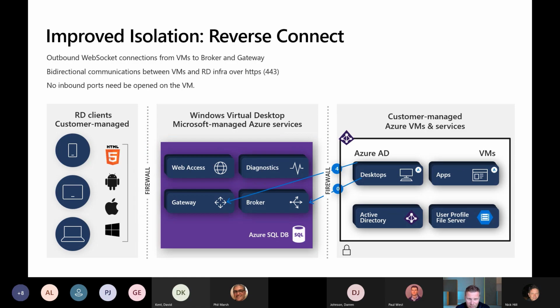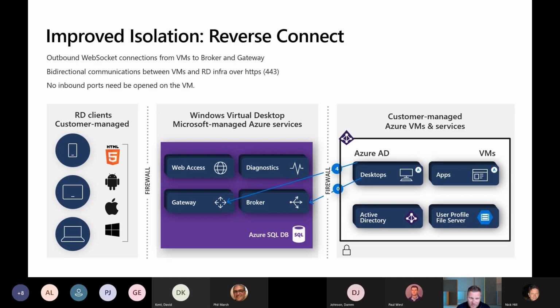Now, in order to improve connectivity, we have this new capability called Reverse Connect, and you might have seen that zero outbound connection is already established prior to a user connecting. What actually happens is there's an agent on this VM which reaches out to our control plane when it boots up to basically announce itself and to say, I'm ready to accept a connection.